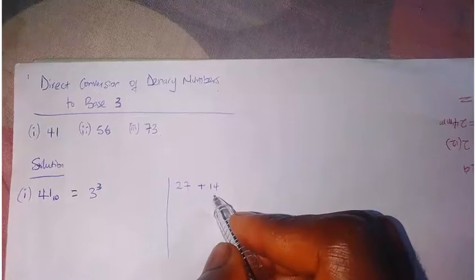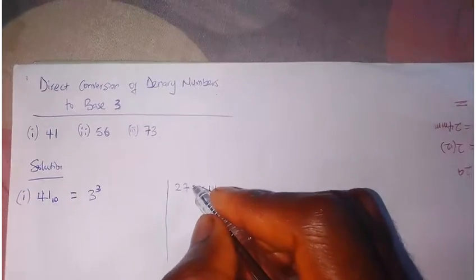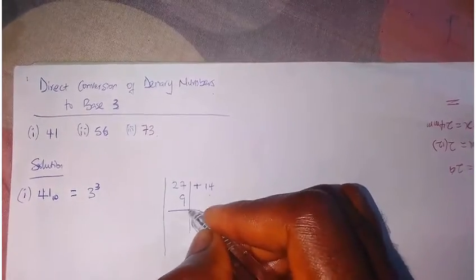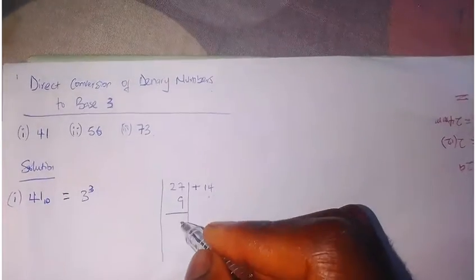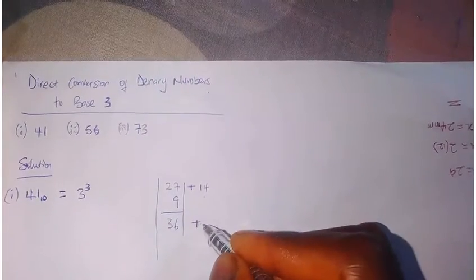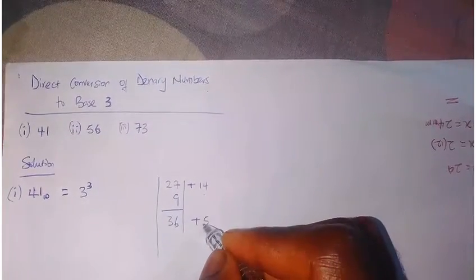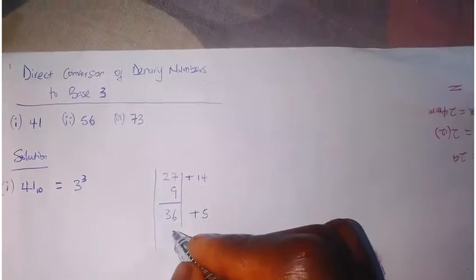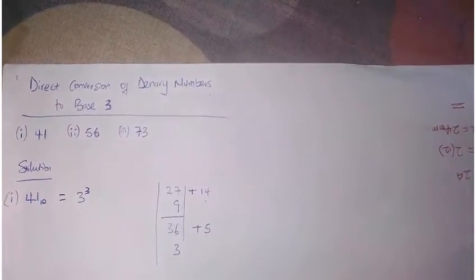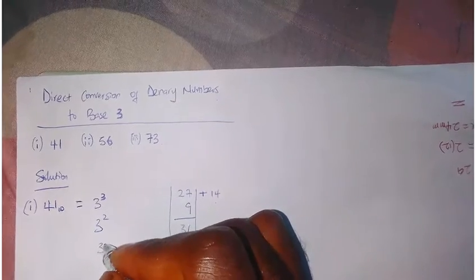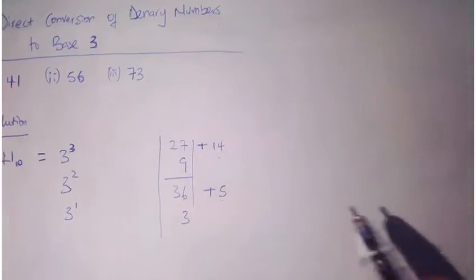From 14, I can get 3 raised to power 2, which is 9. 27 plus 9 is 36. 36 plus 5 will give me 41, and from here I can have 3 raised to power 1, which gives me 3. So I have 3 raised to power 3, 3 raised to power 2, 3 raised to power 1. Now what remains?